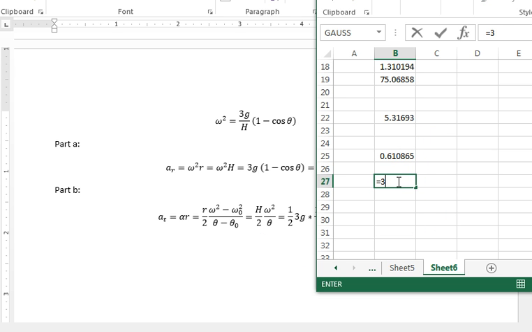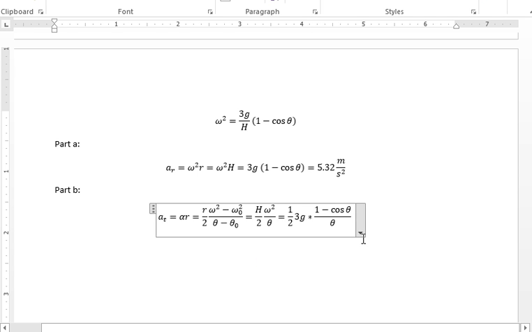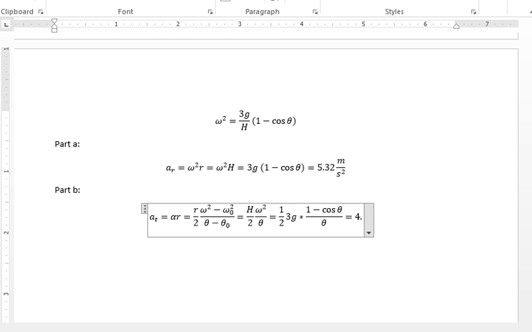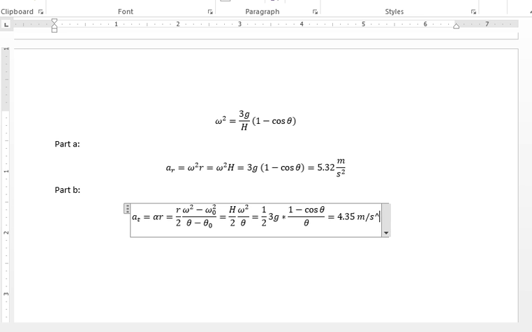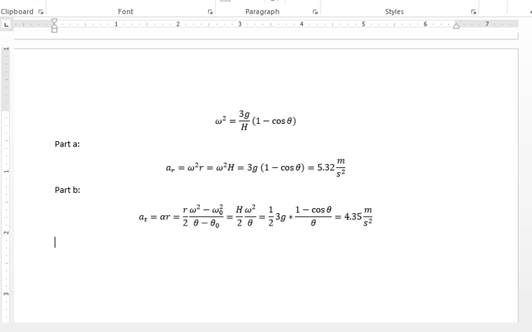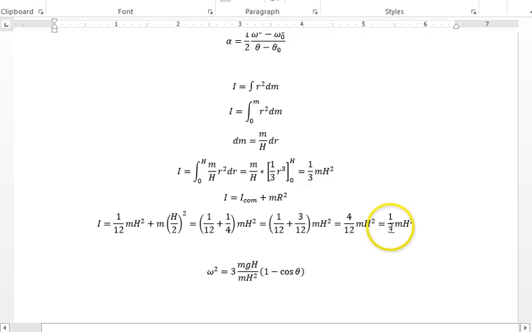So 3/2 times 9.8 times 1 minus the cosine of the angle divided by the angle: 4.35 meters per second squared. That's part B. 4.35 meters per second squared.